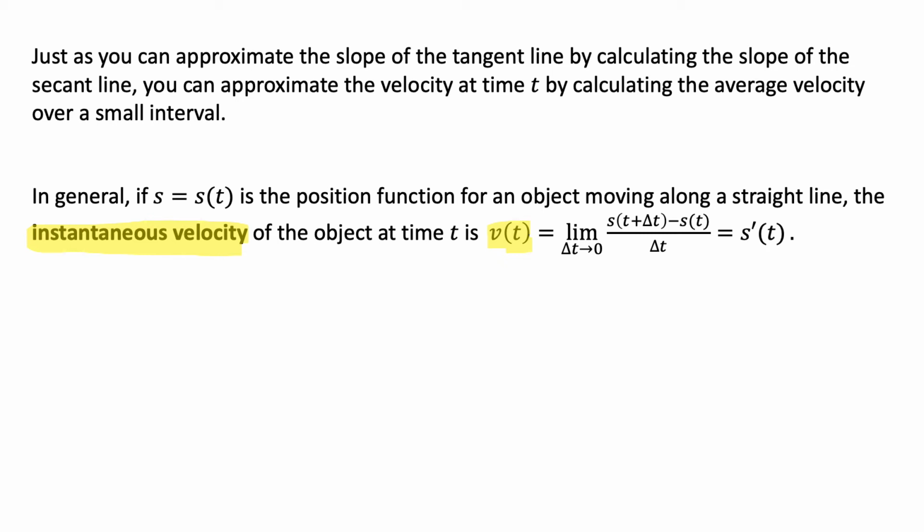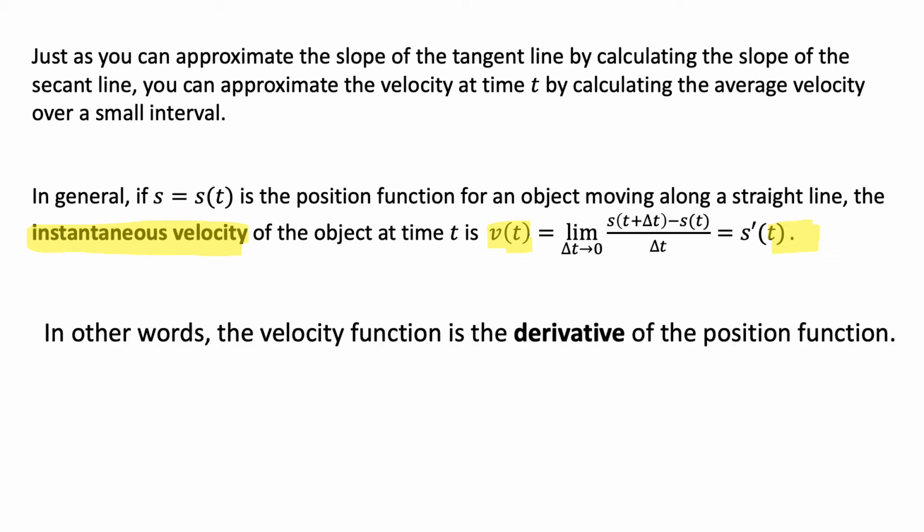It looks just like your difference quotient, which we learned is just the limit definition of the derivative. In other words, the velocity function is the derivative of the position function.